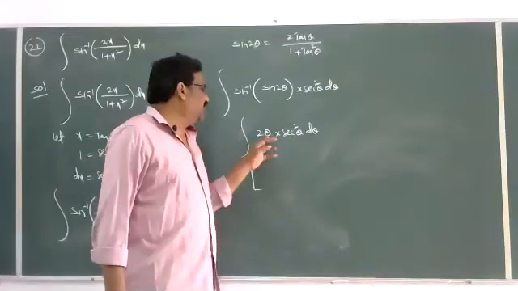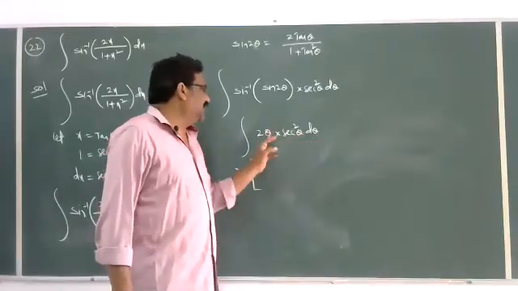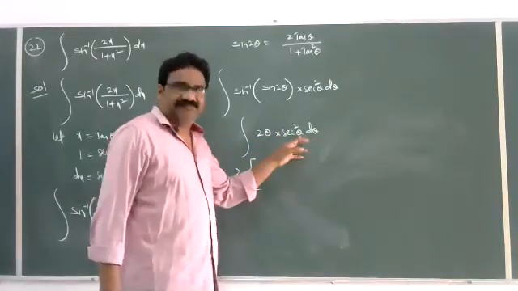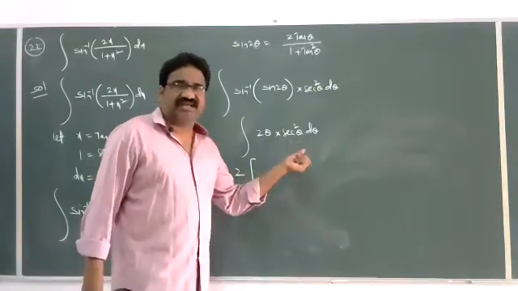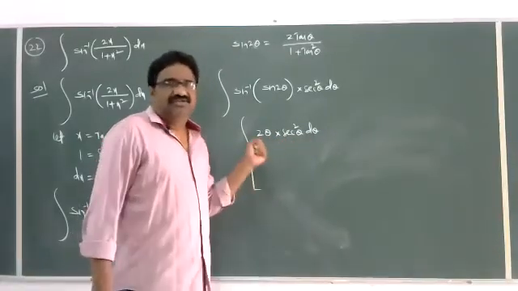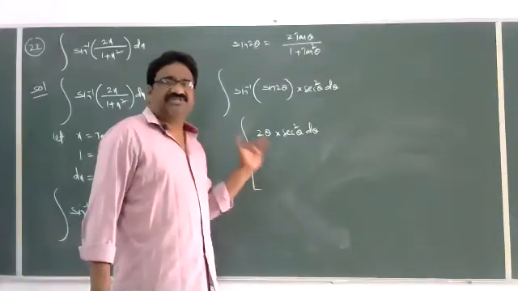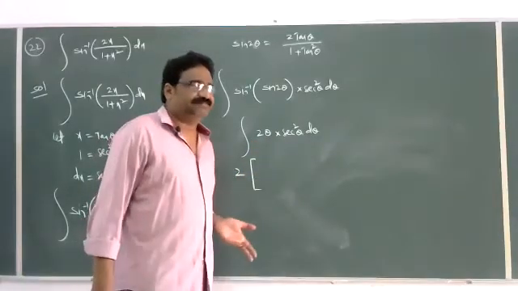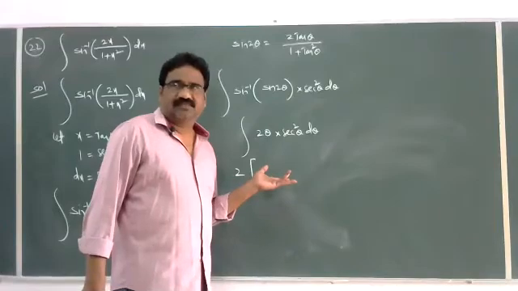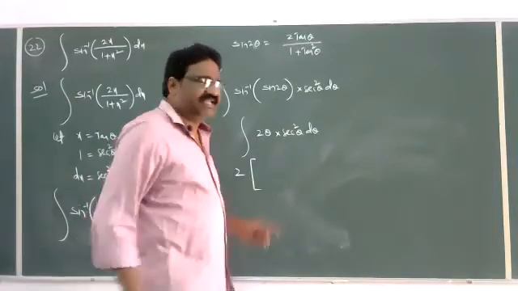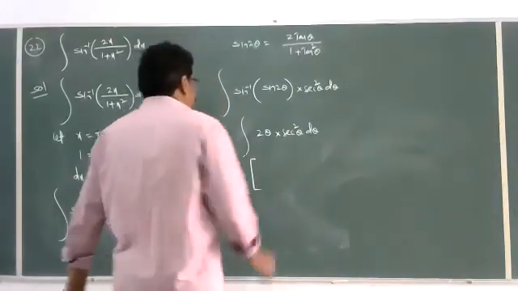That's why you treat theta, for example, like x with respect to x into secant square x. That's why theta is an algebraic function and secant square theta is a trigonometric function. So here apply integration by parts. Which function is taken as the first function? Euler rule. So the algebraic function is taken as the first function.